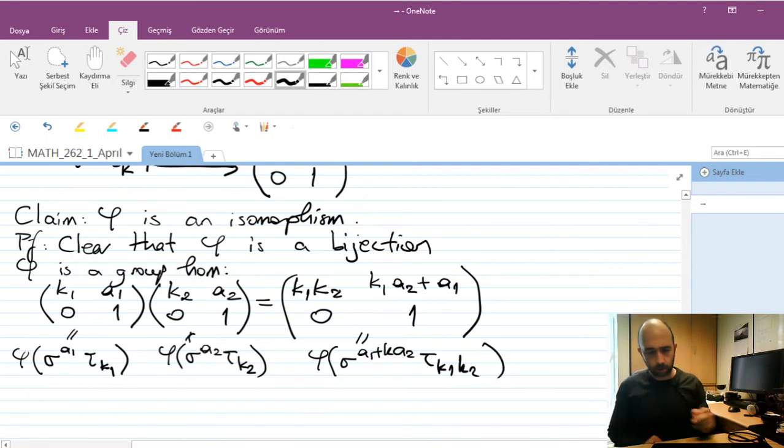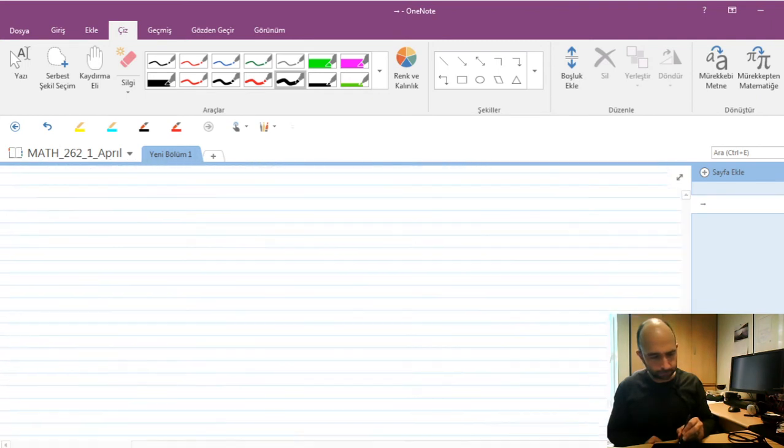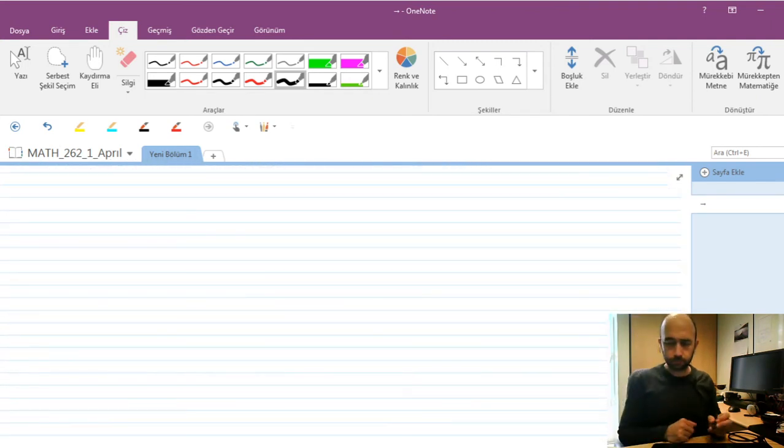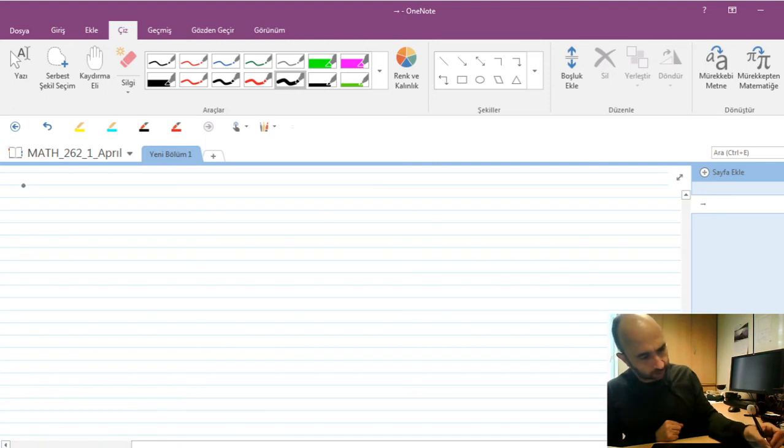Okay, now let's pass to a completely new question. Again, this is Dummit and Foote, section 14.2, exercise 8.